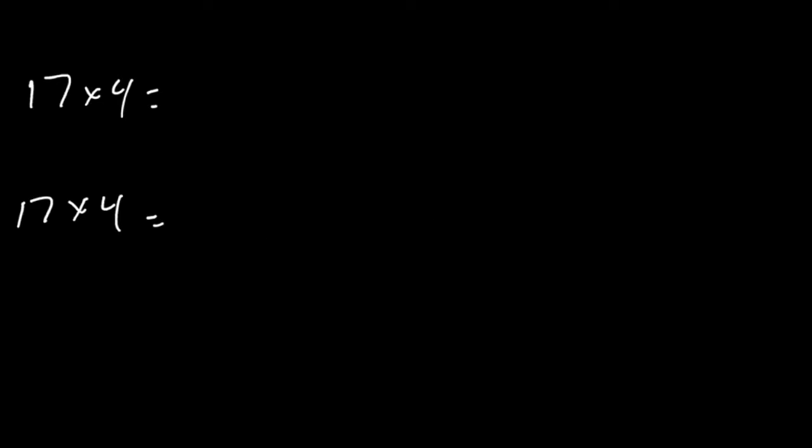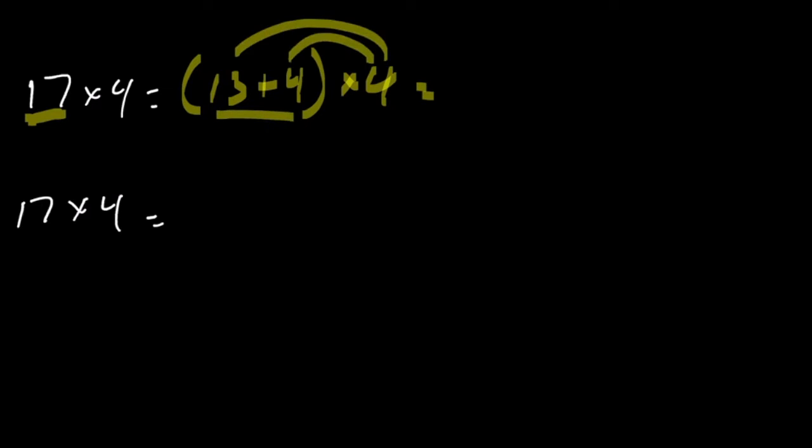Okay, so this is going to be called the distributive property. What I'm going to do is take this number here, 17, and break it up into smaller numbers. So here I'm going to do 13 plus 4, because smaller numbers are easier to deal with. And because this is still 17, I am going to have to multiply both of those numbers by 4 in order to have 4 times 17.